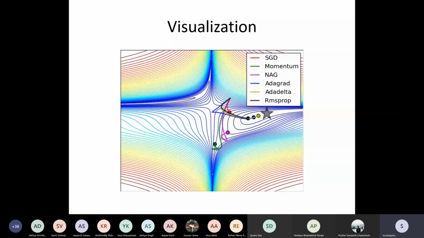So this compares how each of these methods performs on a very typical, or rather very difficult, problem. These are the contour lines. You can see that somewhere here is the optimum, and you are starting from here, which is somewhat higher than the optimum.